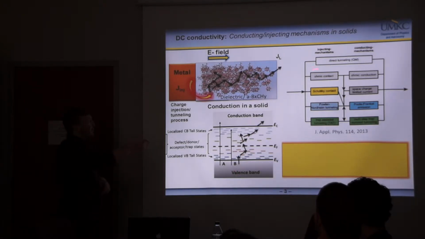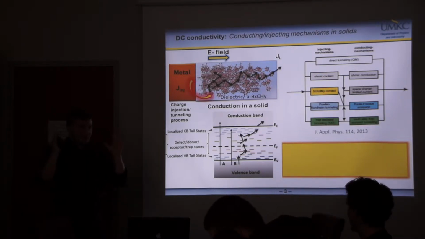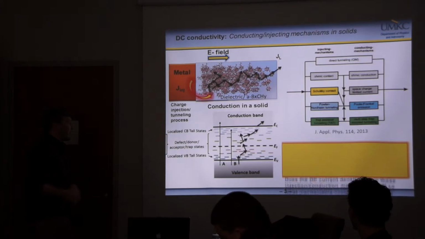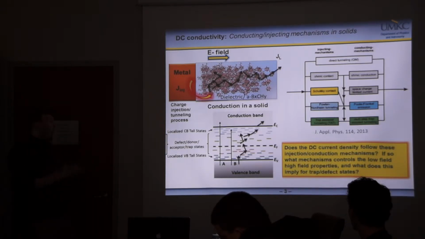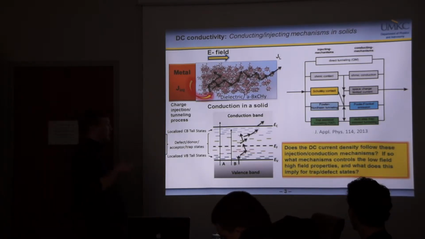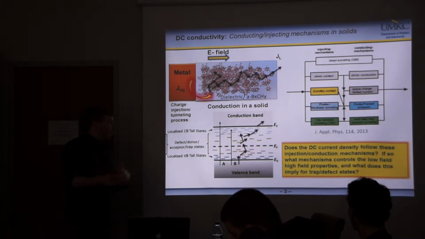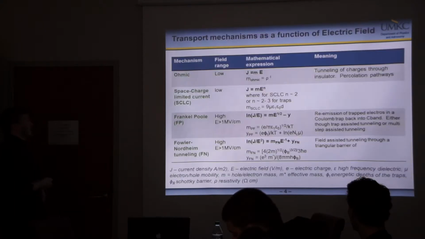Either way, you have different regimes: ohmic, Schottky barrier, and accumulation of charge, where the dielectric is almost separating the positive and negative until there's an overload and space charge is injected into the dielectric. Then you have Poole-Frenkel and Fowler-Nordheim, and we'll talk about this. But the question is: what type of injection and conduction mechanisms does this solid have, what is the main mechanism, and what does it imply for the trap and defect states?